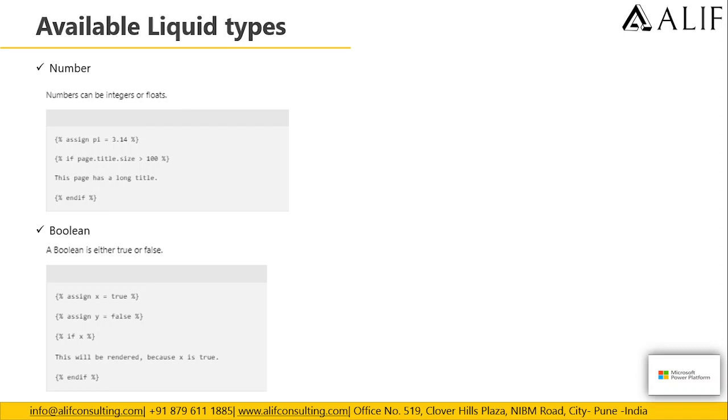Next is boolean. Boolean is either true or false. If you give the value as true or false, you can just check inside an if statement whether the value is true or false. So these are the basic types that you can use within your liquid code.